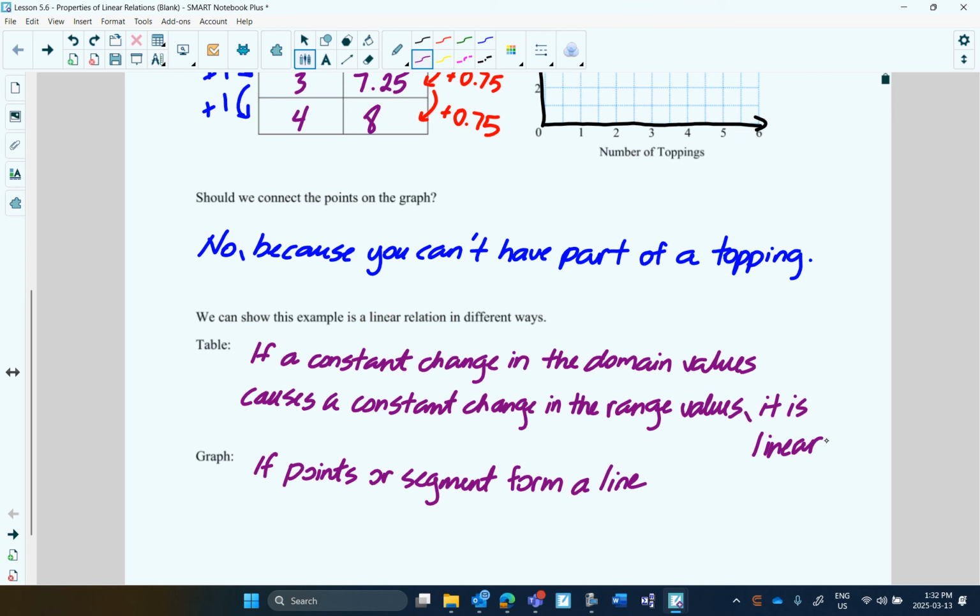So therefore, this one, by looking at the table and the graph, we can see that it's linear. Okay?